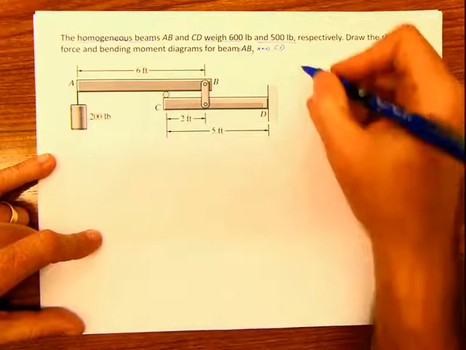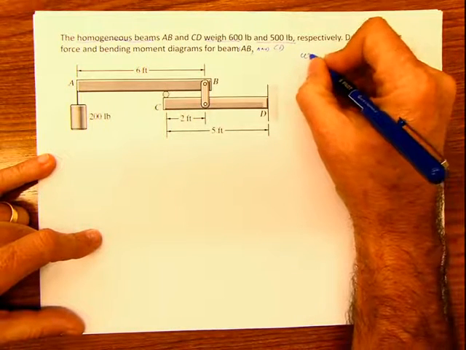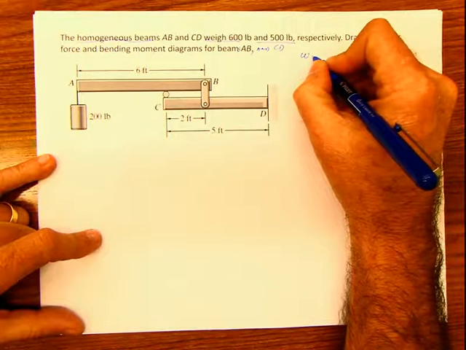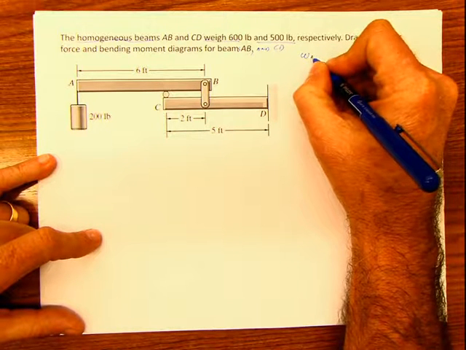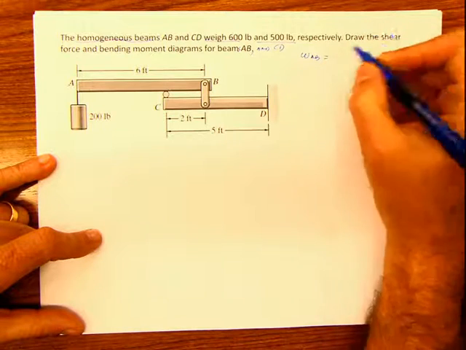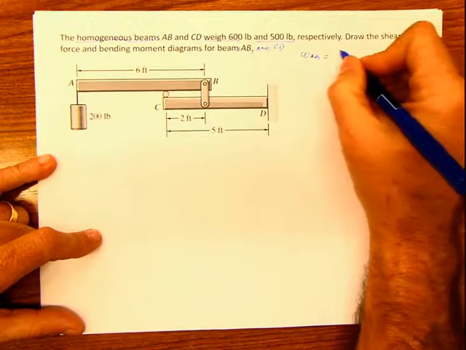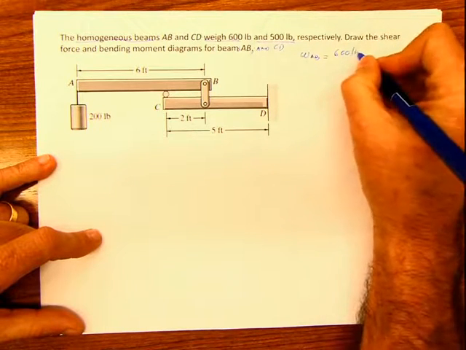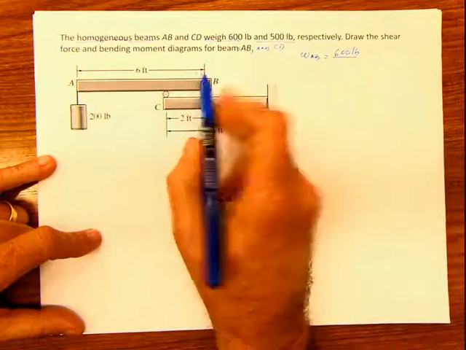For beam AB, because it's homogeneous, I can take the total weight, which is 600 pounds, and divide that by the length, which is 6 feet.